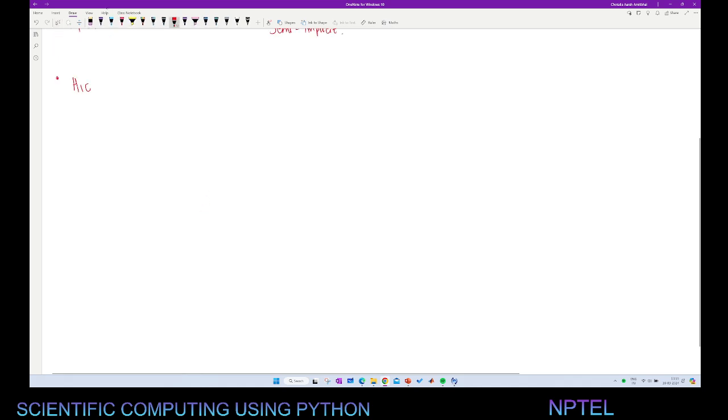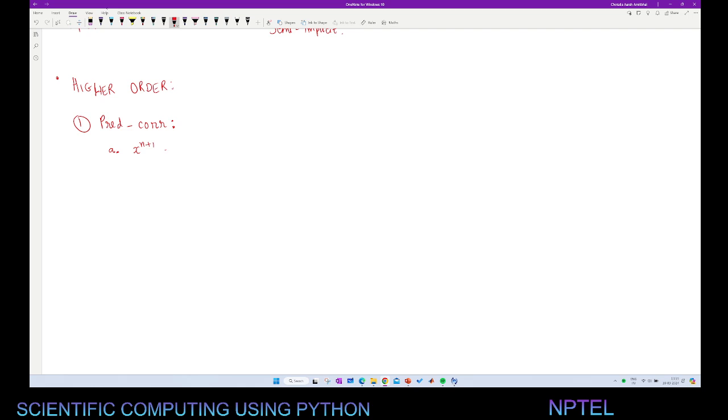Then we looked at higher order methods. First was the predictor, then corrector method. So what's the idea? The first step is Euler forward.